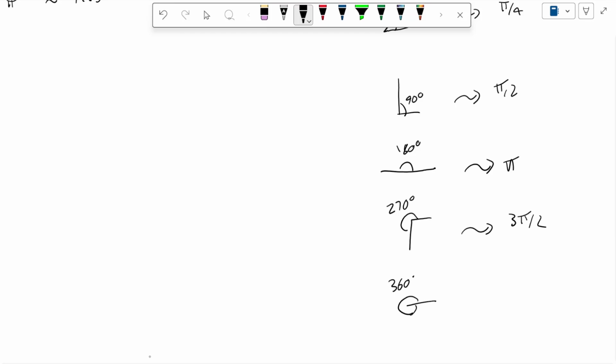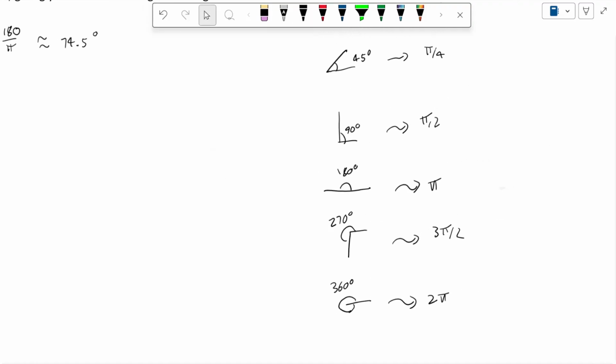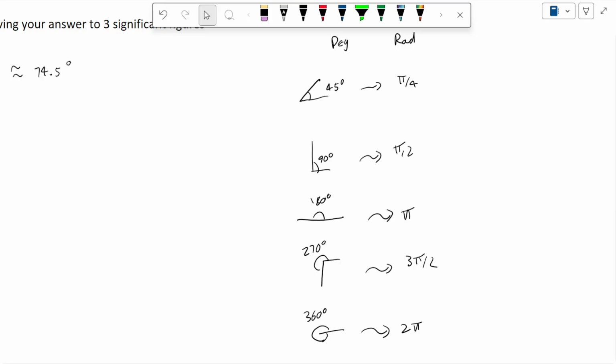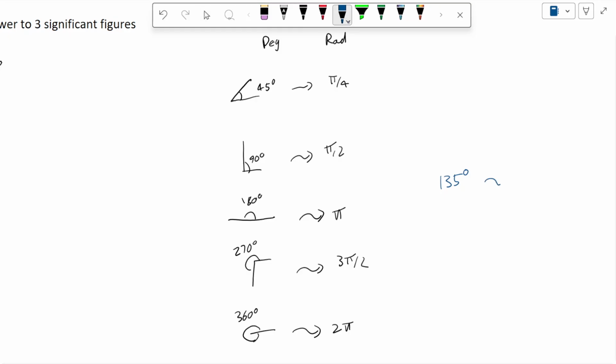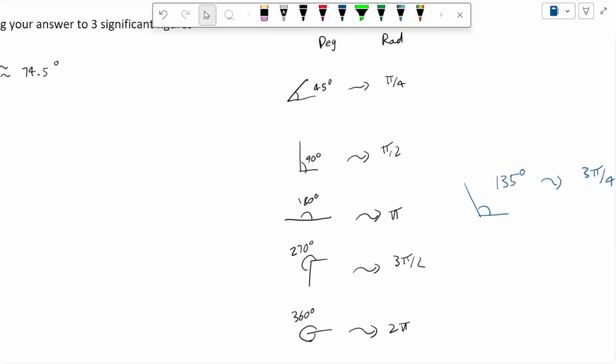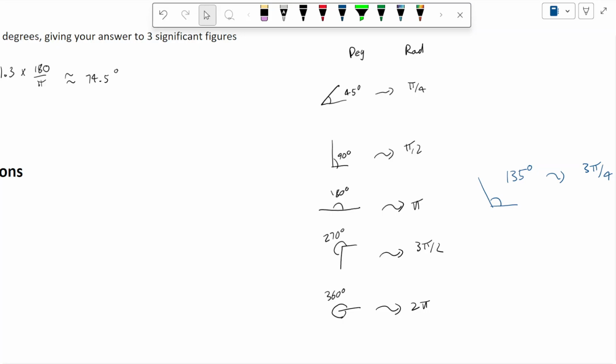And 360 degrees is going to be 2 pi. So just remember those key values, and then you can combine them. Like if you've got 135 degrees, that's 3 pi over 4, right? It's like three quarters of the way towards being a straight line. And that would look sort of like that. But you should be able to get very quick at converting between degrees and radians, because we're about to see a lot of conversions between degrees and radians.